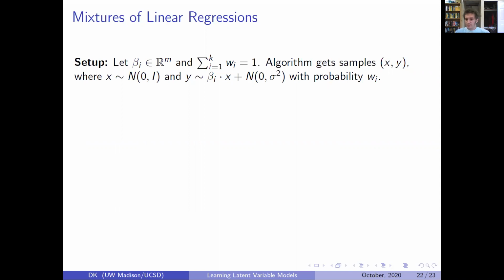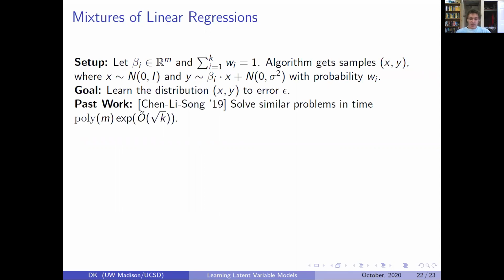For mixtures of linear regressions, you have some beta_i's in R^m, and you have some weights that add up to 1. Your algorithm gets samples x, y, where x is a standard Gaussian, and y is beta_i dot x plus some noise, where which beta_i you use is given by this probability distribution. If it was just a single beta, this would be a linear regression, but instead we have a mixture of them. So the goal is, given these samples, to learn the distribution of x, y to small error.